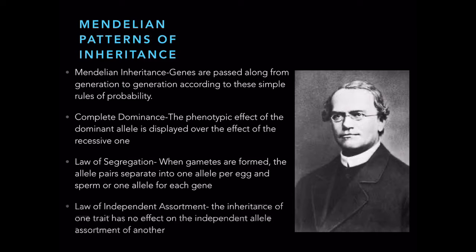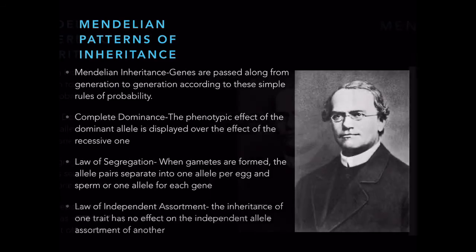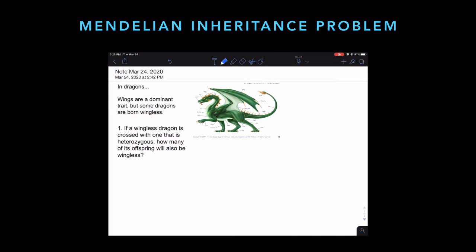You can find these 3 rules of probability in my next slide, using a practice problem of Mendelian patterns of inheritance of a dragon. Mendelian inheritance problem. In dragons, wings are a dominant trait, but some dragons are born wingless.